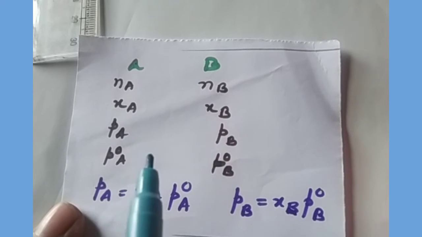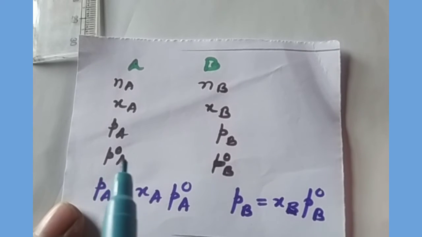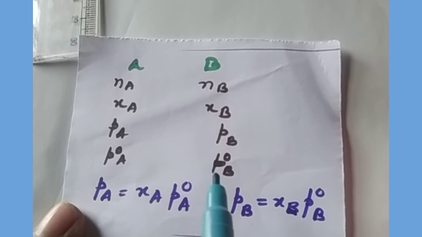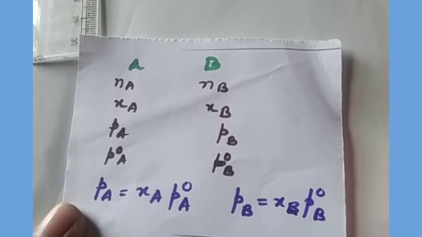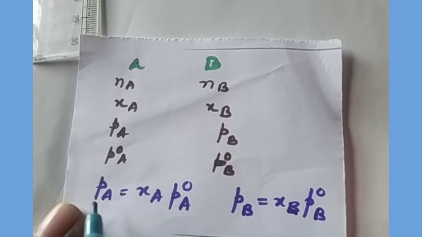P naught A and P naught B indicate the pure components: if it is pure A, then this is P naught A, and if it is pure B, then this is P naught B. So according to Raoult's law, Pa equals Xa P naught A and Pb equals Xb P naught B.